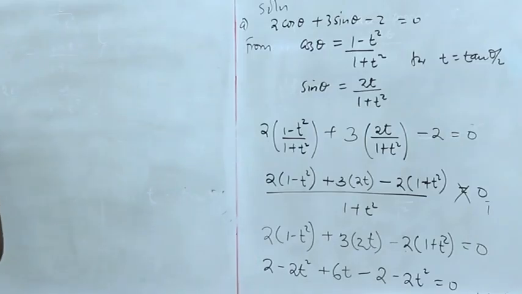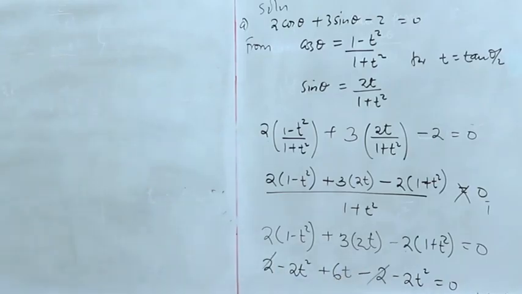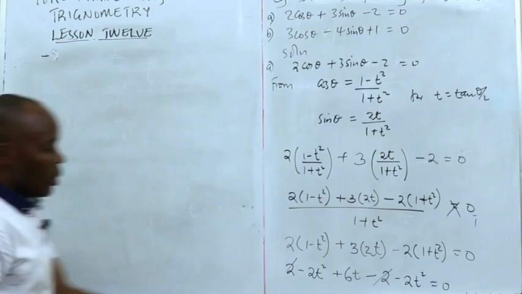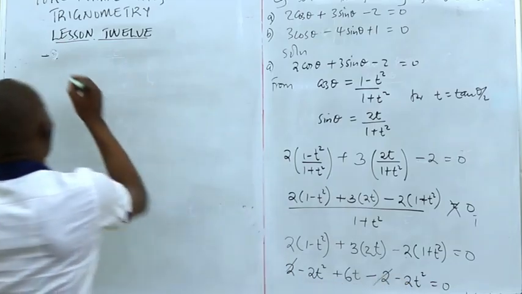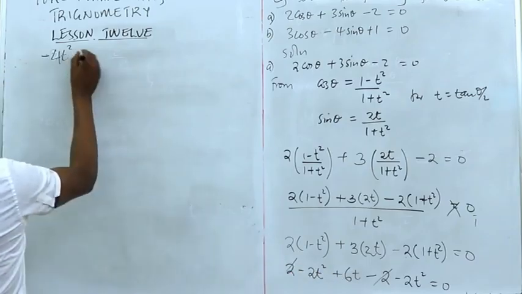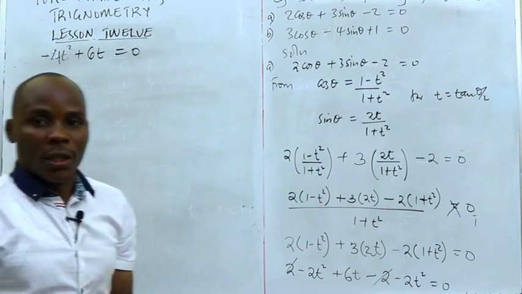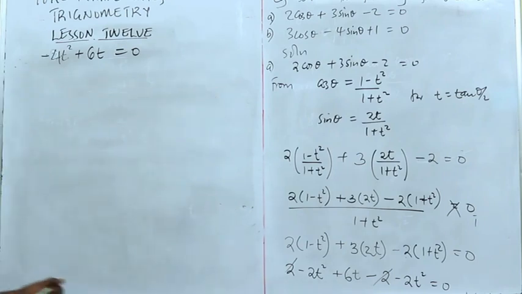We have the 2 cancelling with the 2. Then we have negative 4t squared, then this one is a plus 6t. Everything is equal to 0.